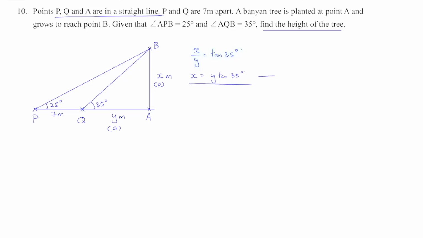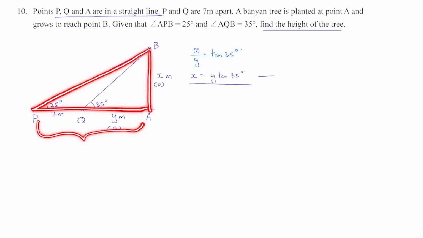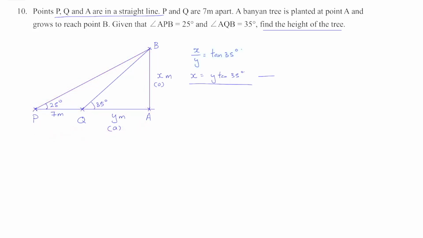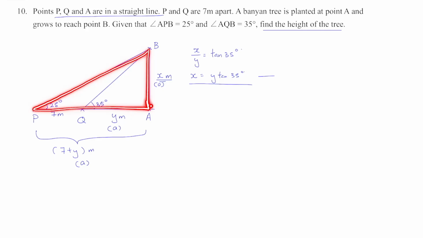Then next we are going to look at the bigger triangle here. We'll notice that PA is my adjacent. Let's just label this. So this will be 7 plus y meters. This is my adjacent, and using back the same height, which is here, I'll have my adjacent and my opposite with this angle 25.